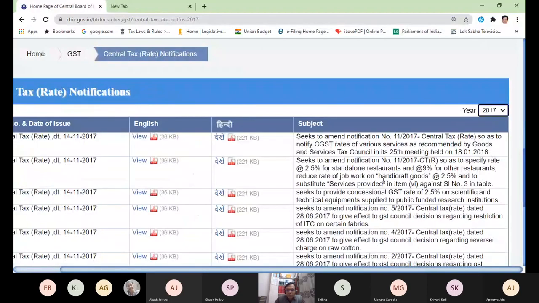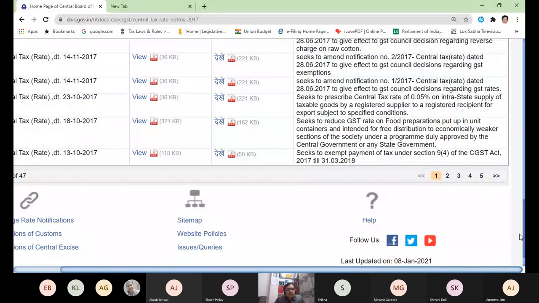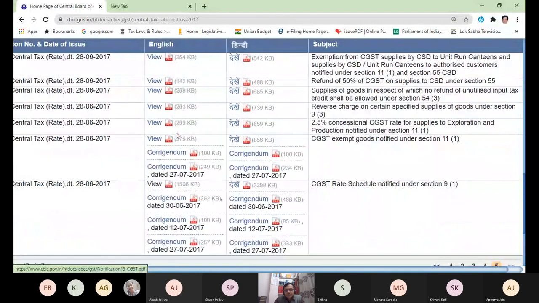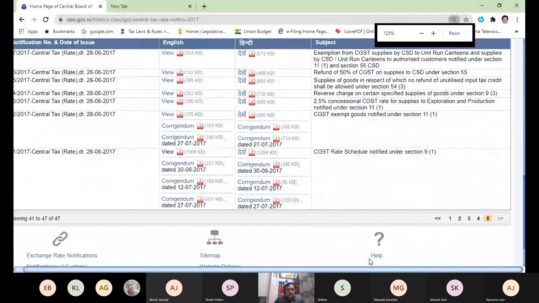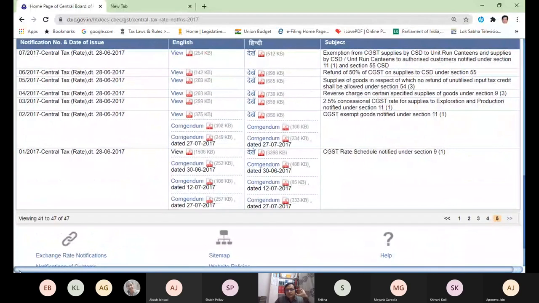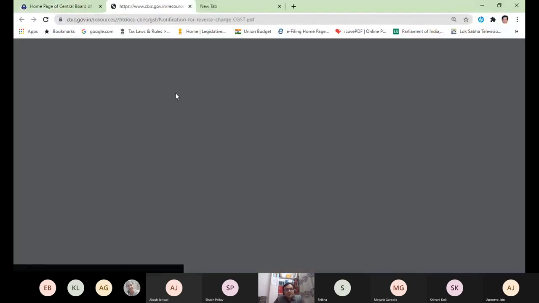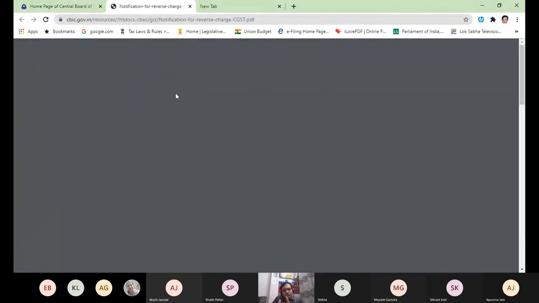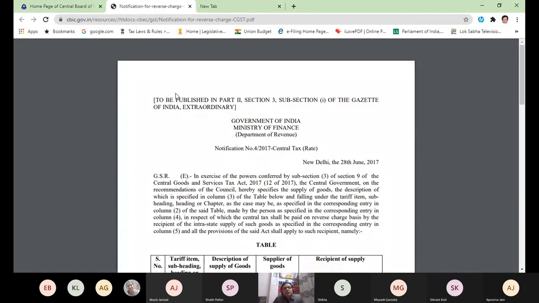This was notification number 4 of 2017. I'm not going to show you the integrated tax notifications now, because I have told you initially also that the same notifications which are issued for central tax on intrastate supply, you will find the same notifications for interstate supply.